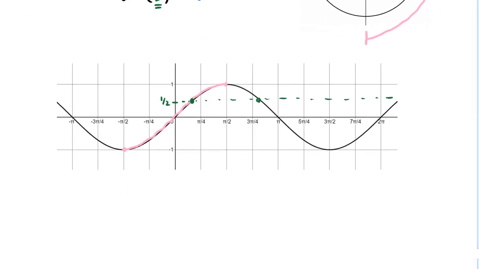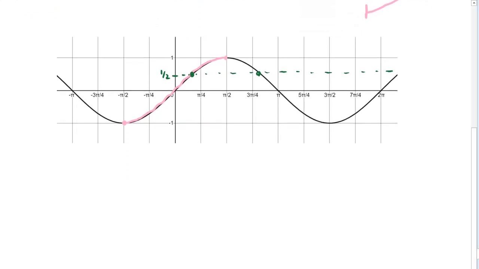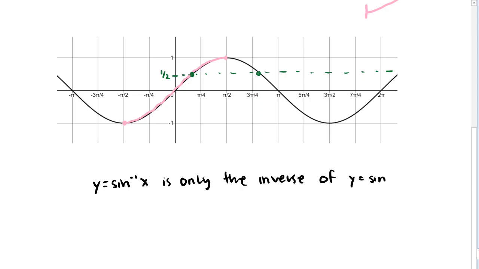So just to say it one more time, y is equal to sine inverse of x is only the inverse of y is equal to sine of x for angles between negative pi over 2 and pi over 2.